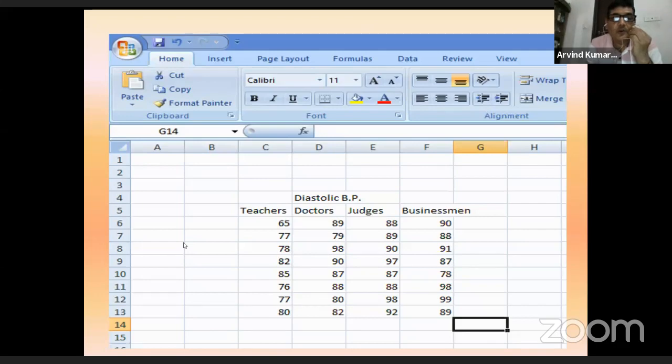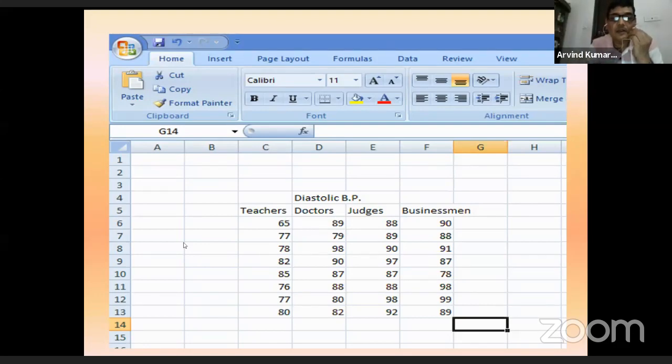So 1, 2, 3, 4, 5, 6, 7, 8 individuals from each group. See here, 8 individuals from each group have been actually considered for this study. 8 teachers, their diastolic blood pressure was measured. That is shown here. Doctors, judges, businessmen, their diastolic blood pressure was measured.